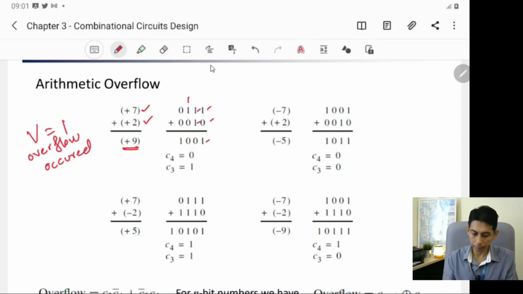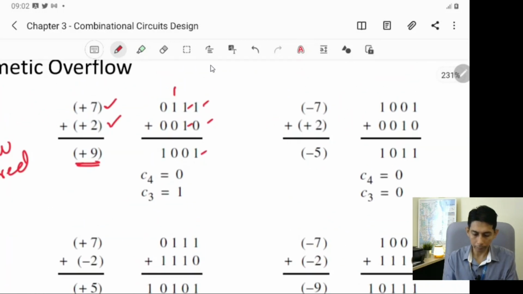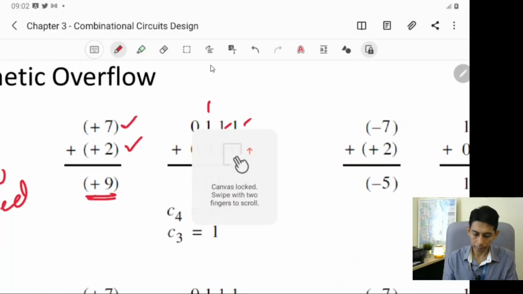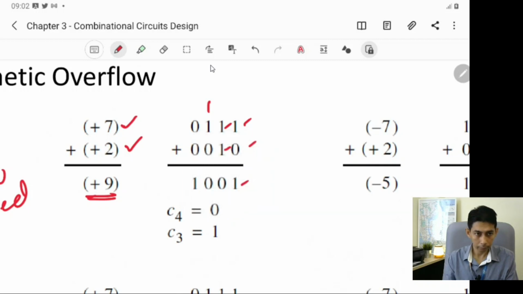And 1 plus 1 plus 0, you have 1 0, where this is the sum and this is the carry. So you have 0 and 1 carry. And 1 plus 0 you have 1. So this is the answer.